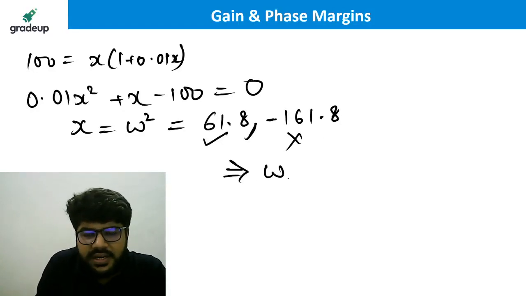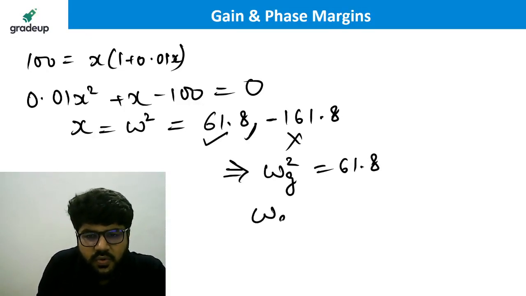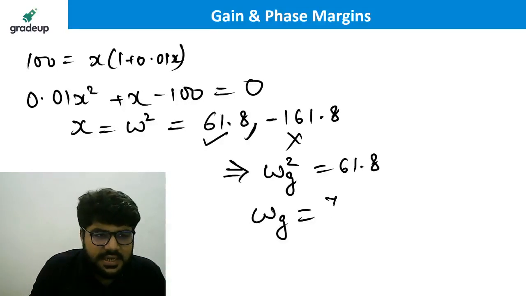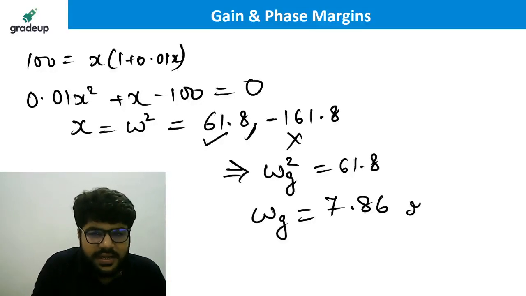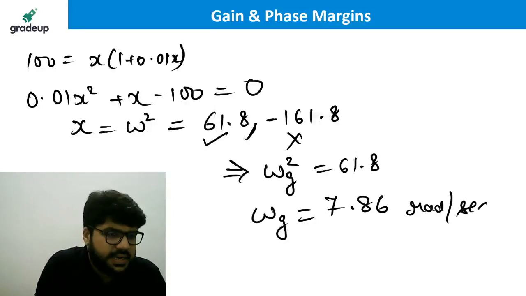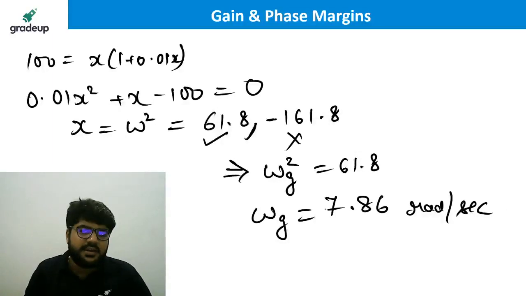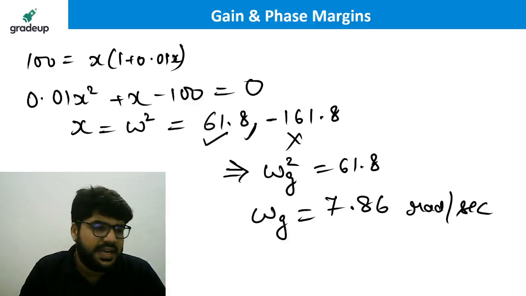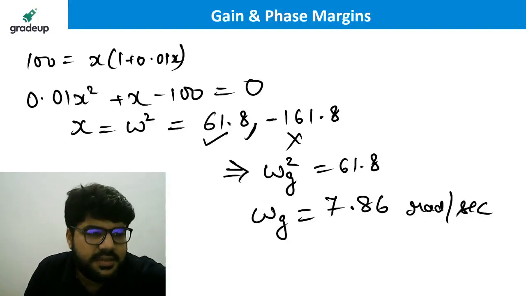So I take omega g square as 61.8. So what is omega g? Under root of this term. I am getting omega g as 7.86 radian per second. Ria, it's not 1, please recheck. The omega g is 7.86.